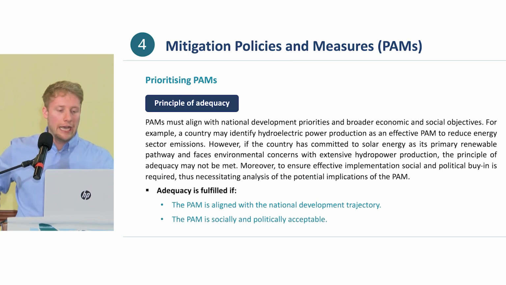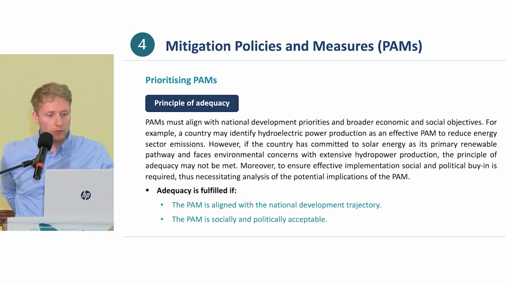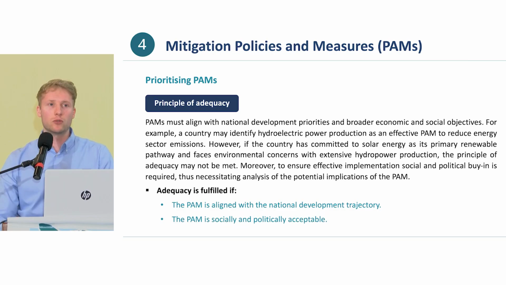And the last one, adequacy, is closely linked, right? I would point here again to socially politically acceptable, right? So more than only to garner support, this would also point to whether it's acceptable, whether there are any damages that occur through a specific policy and measure. Let's think about hydropower now.